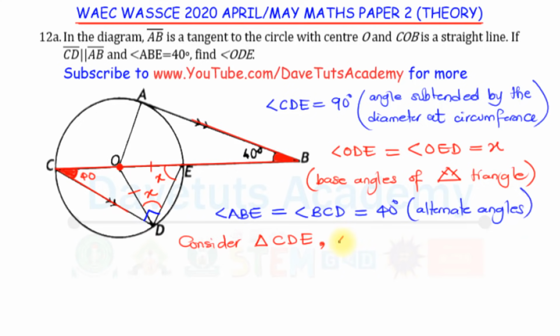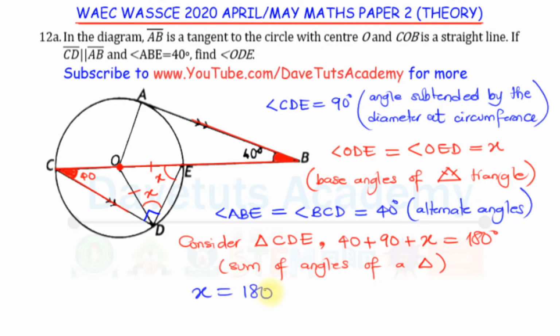We can say 40 degrees plus 90 degrees plus x is equal to 180 degrees. And why are we saying that? Because they are the sum of angles of a triangle, and we know that the sum of angles of a triangle always adds up to 180 degrees. In that case, if we are to solve for x, x will be 180 minus the sum of 40 and 90. Now, 40 and 90 will give us 130. So x will be 180 minus 130, and that is 50 degrees.